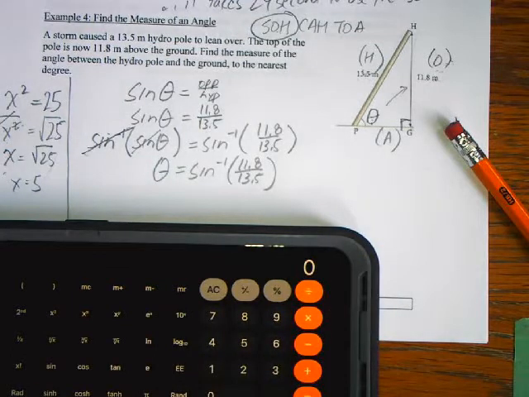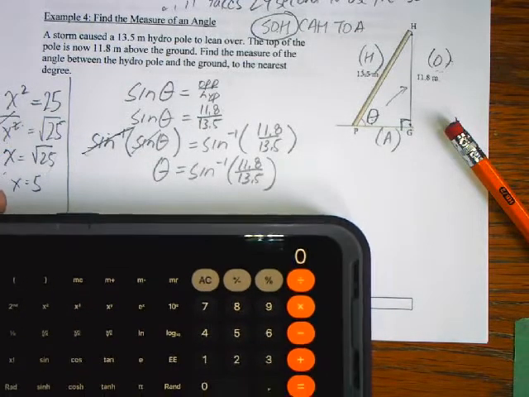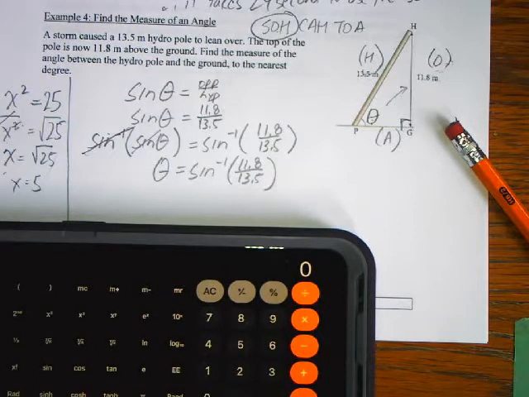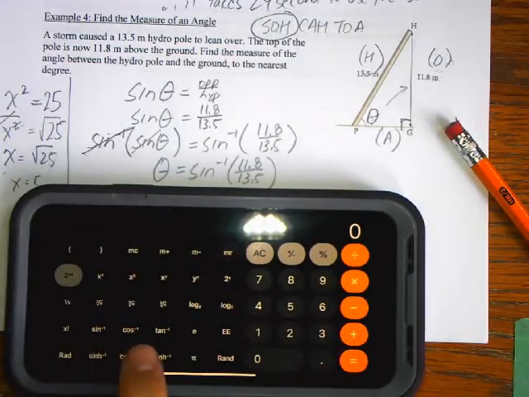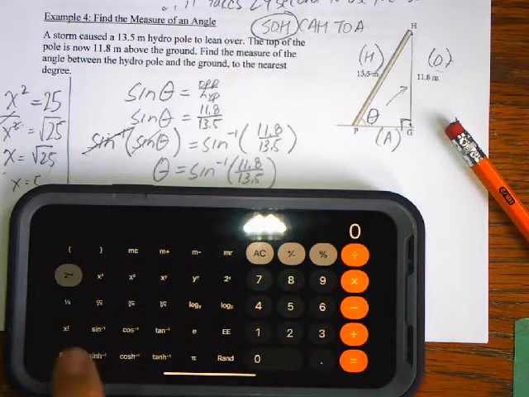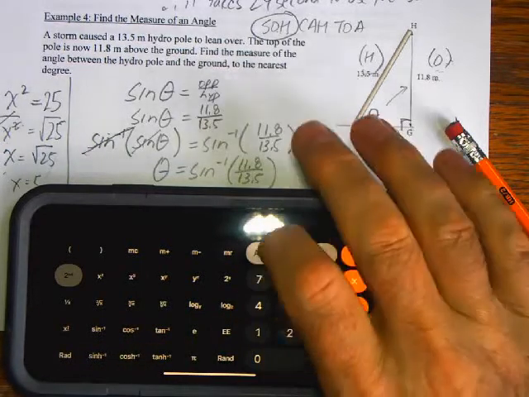So to get sine inverse, I'm not actually doing the question yet, you'd press on the iPhone, you'd press second, because that's the second function, and you notice all these sine, cos, and tan buttons are now the inverse. So this would now do the inverse of sine, cos, or tan, depending on what button I pressed. Okay, so that's how we're going to do it.